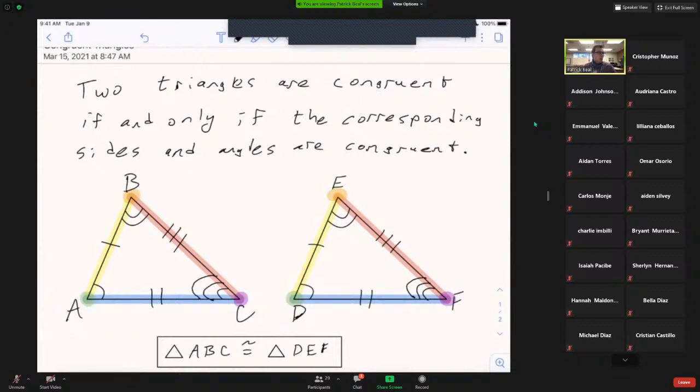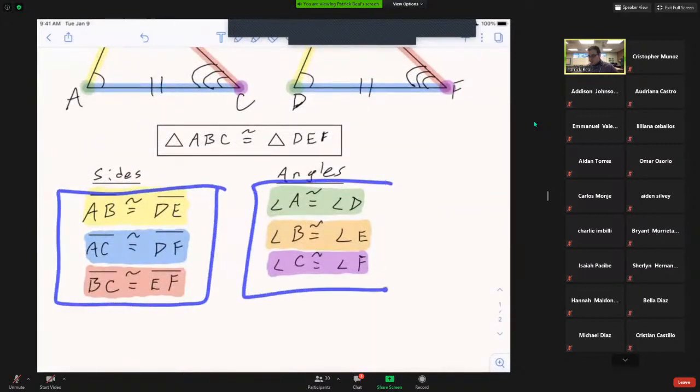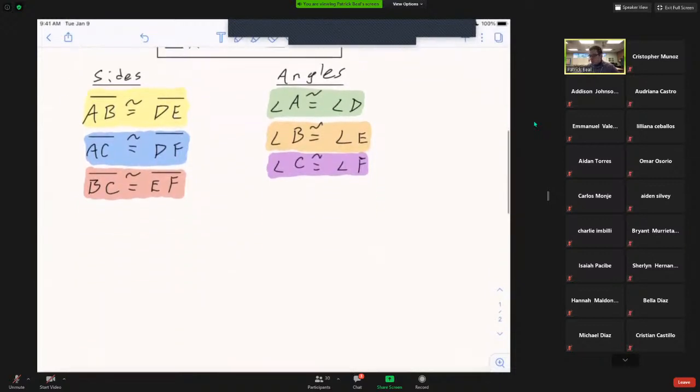Now, we have a few shortcuts. This is a lot of information down here. We've got a total of 6 pieces of information, 3 pairs of sides and 3 pairs of angles. We can actually cut that down considerably using some shortcuts.